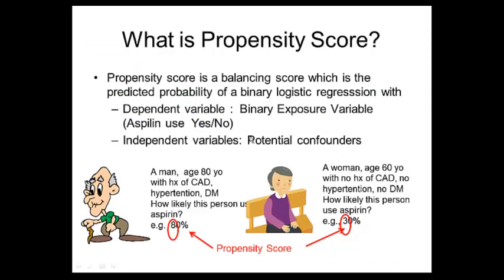So you matched 2 patients who look exactly similar in terms of age, sex, a history of diabetes, hypertension, and history of CAD, and smoking, and so on.